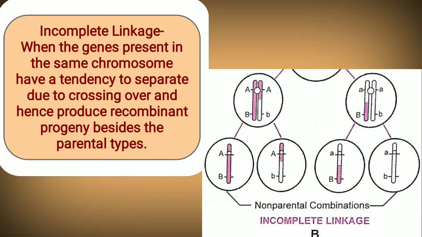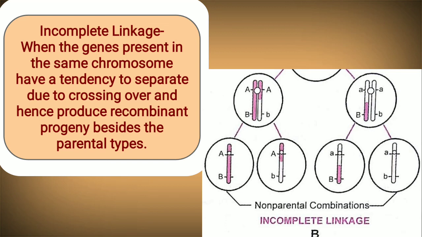Now let's come to incomplete linkage. When genes present in the same chromosome have a tendency to separate due to crossing over, and hence produce recombinant progeny besides the parental types, it is called incomplete linkage. In that case the linkage ratio may vary.